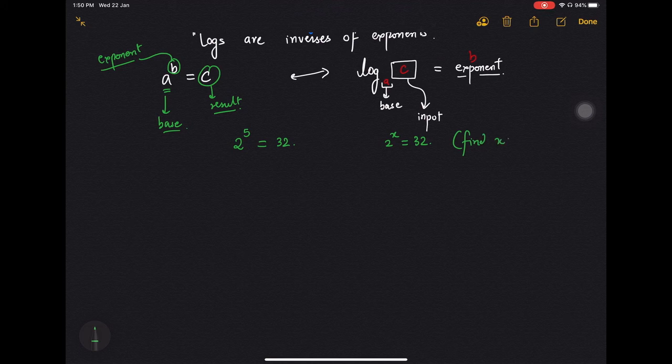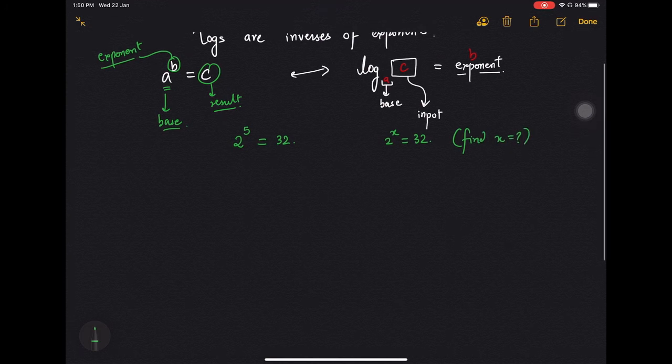Now the exponent is unknown, so you'll use logs for it. So log, you'll write this as log of base is base 2. Input value is the result that we got in exponent, so 32. The moment you input this in your calculator, you'll quickly get the result as 5.